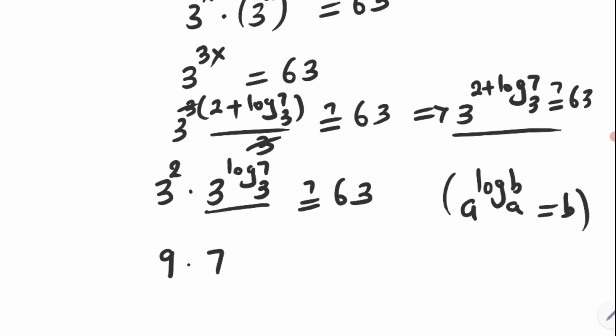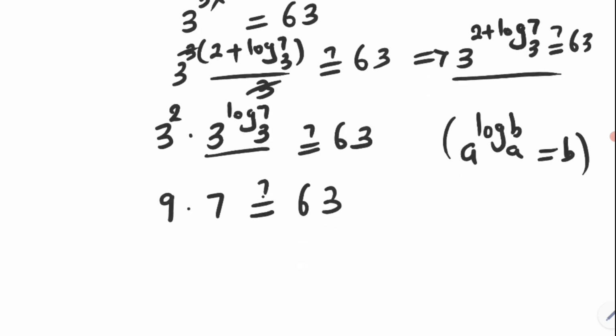So this is 7 must be equal to 63. Now 9 times 7, this is 63, is equal to 63, which is true.